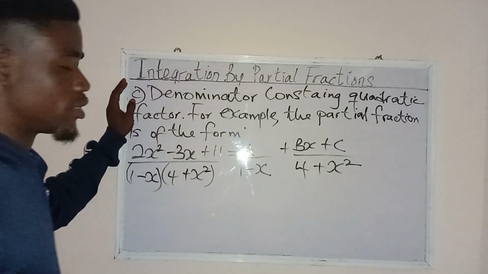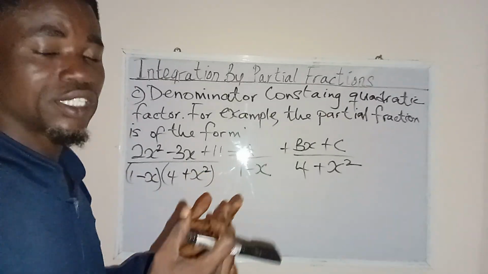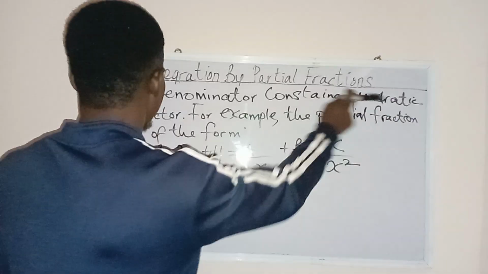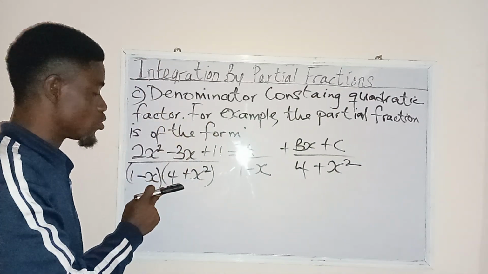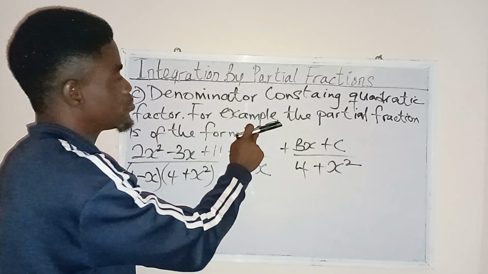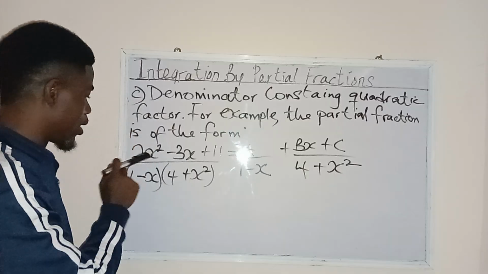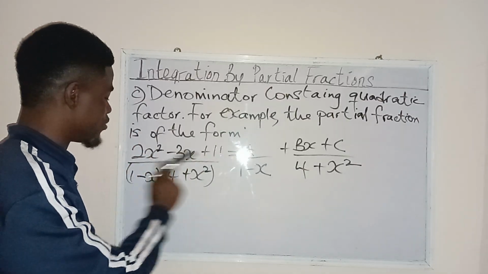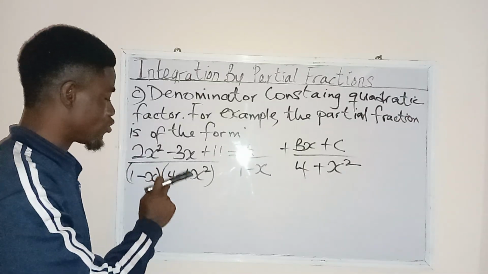This is the third example under forms of partial fractions: the denominator containing a quadratic factor. For example, the partial fraction is of the form 2x squared minus 3x plus 11 divided by (1 minus x)(4 plus x squared).